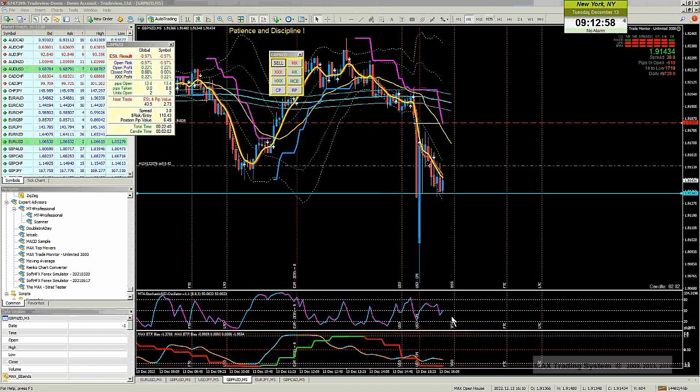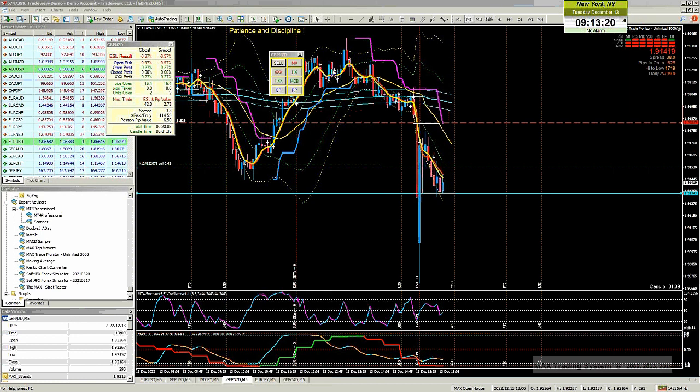An example of exit technique with the Stoch RSI, and this is a technique I have presented several times in our presentation webinar, is when we have a divergence between the price and the Stoch RSI. You all know what a divergence is.